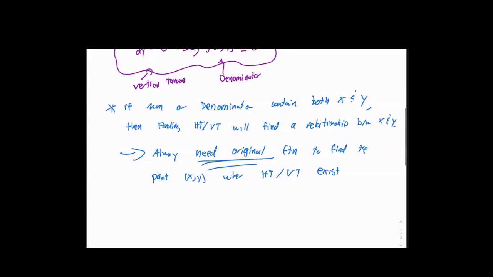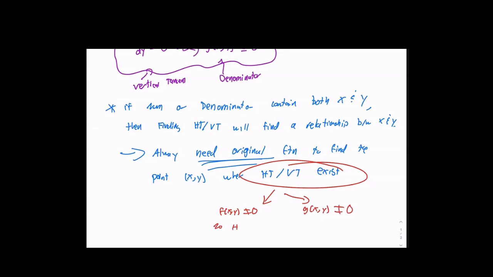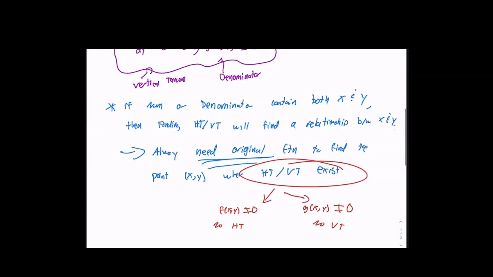And I say this exists part right here because if f of x,y never equals 0 or g of x,y doesn't equal 0, then this means no horizontal tangent or no vertical tangent. So some problems will actually say things like, tell me why there's not a horizontal tangent, or tell me why there's not a vertical tangent.